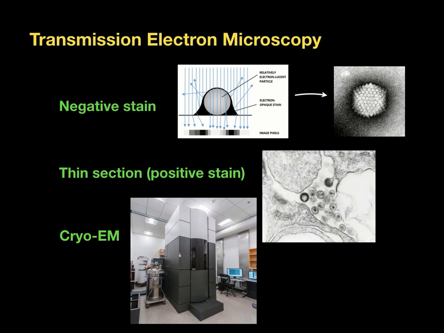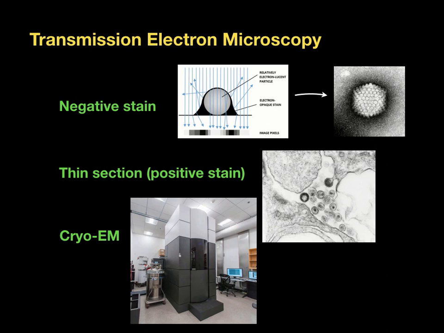So how do we stain our samples? We can use negative stain, that is pretty simple. This is the only one I'm familiar with. Why it's called negative stain is because we don't actually see the sample, we see the shadow of the sample.